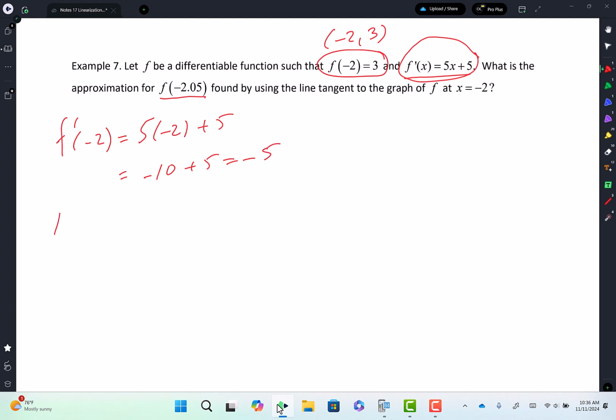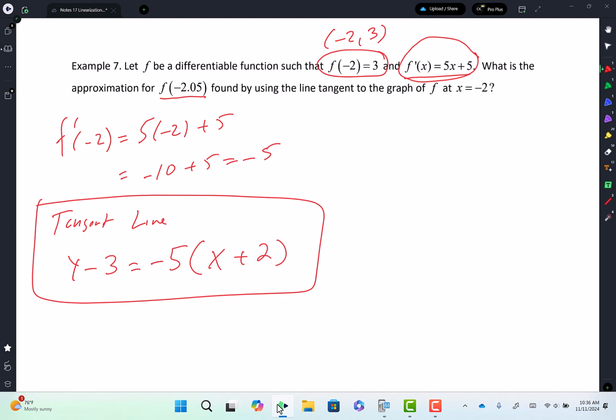Here we go. Tangent line. The tangent line is y minus 3 equals negative 5 times (x plus 2). You're going to use the tangent line to approximate f of negative 2.05. So all you're going to do is move the 3 to the other side, and that's your tangent line. f of negative 2.05 is approximately negative 5 times (negative 2.05 plus 2), plus 3.